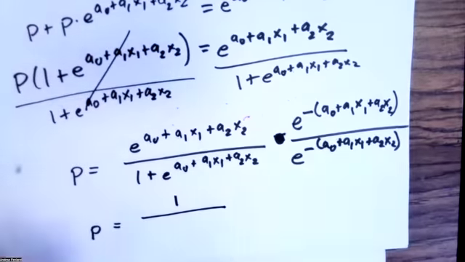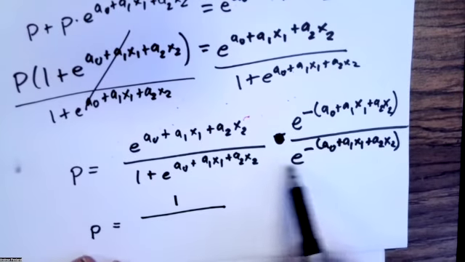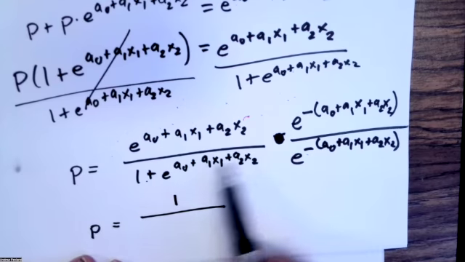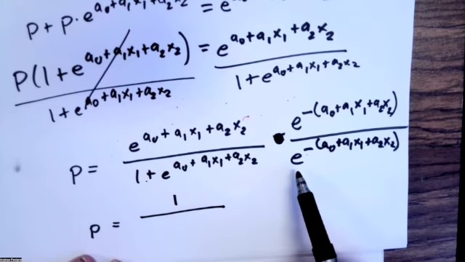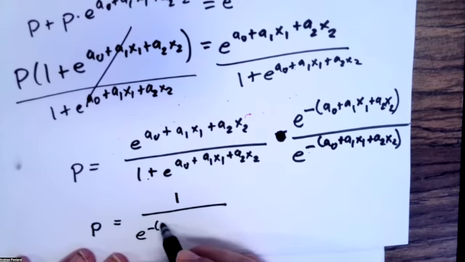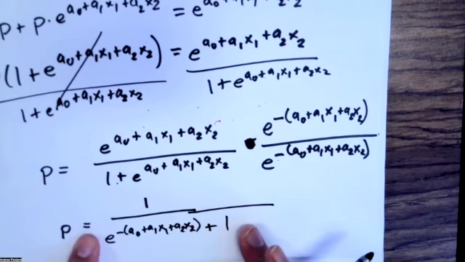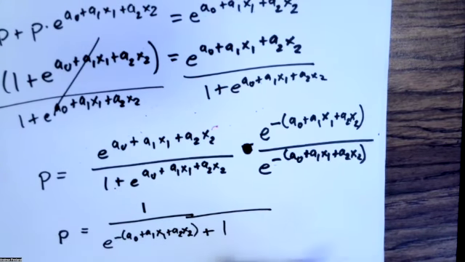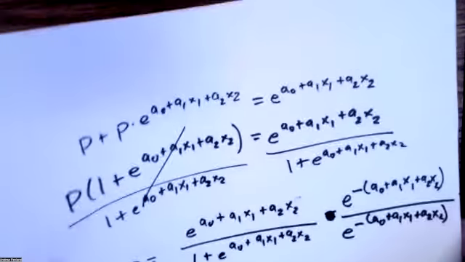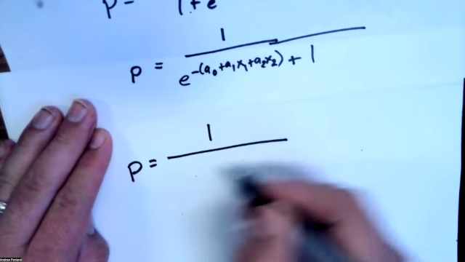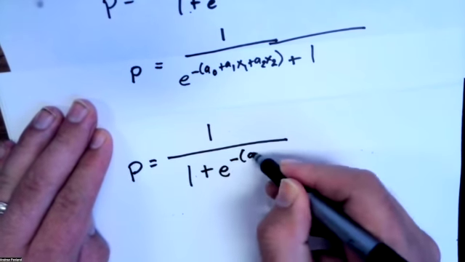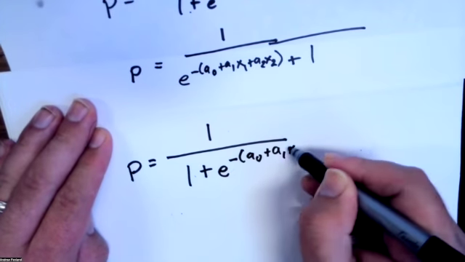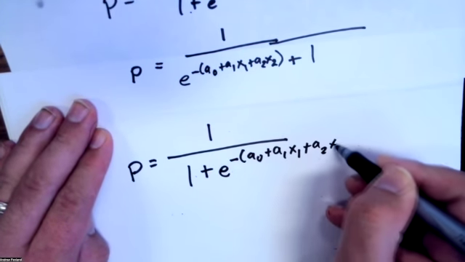And when I distribute this through, I get this expression times 1 plus this expression times its multiplicative inverse. So it becomes this thing. After all this work, we want the 1 in front on the denominator. So the way you'll see this is P equals 1 over 1 plus e to the negative a0 plus a1 x1 plus a2 x2.